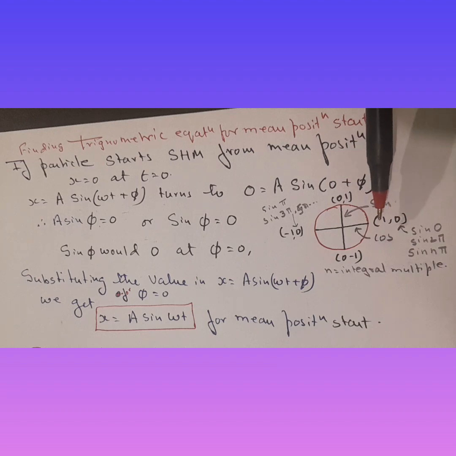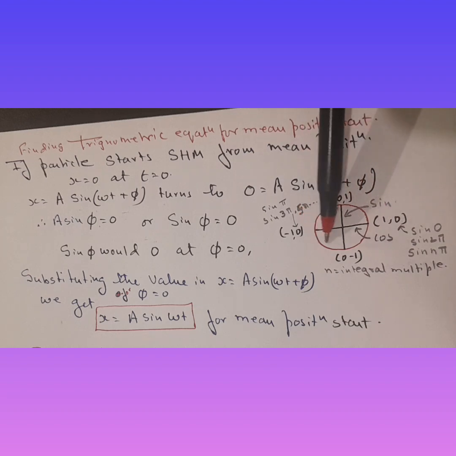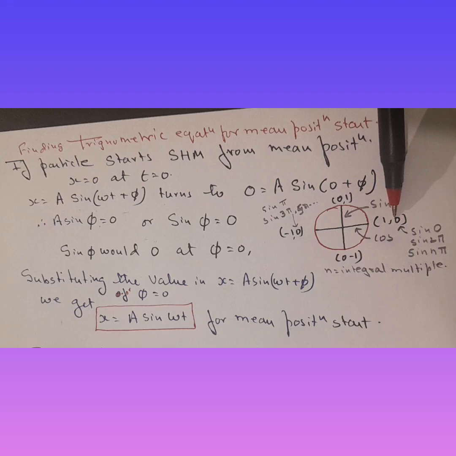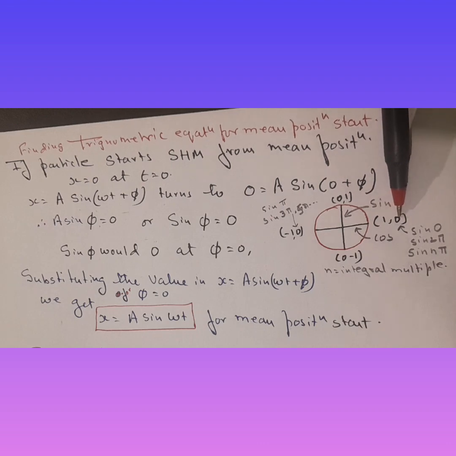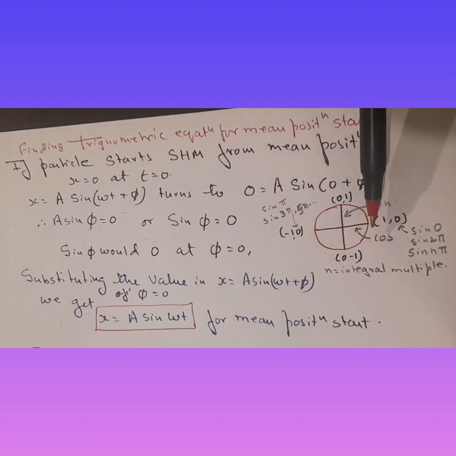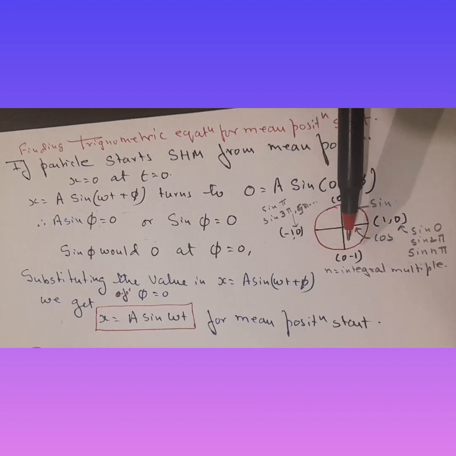Again, after moving around and when it comes back here, sine is 0. So sine is 0 over here. When phi is 0, sine is 0 here. When phi is pi, and again when it is 2 pi, and so on, it is 0.